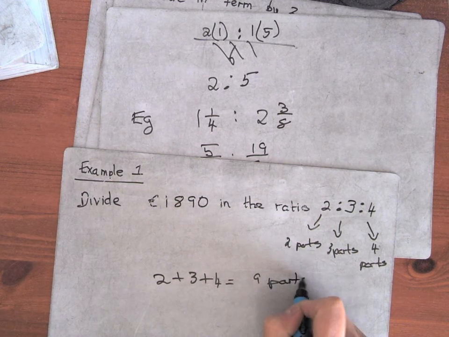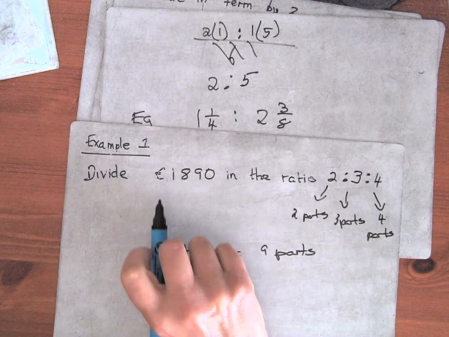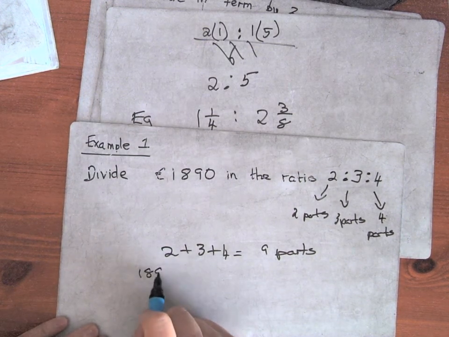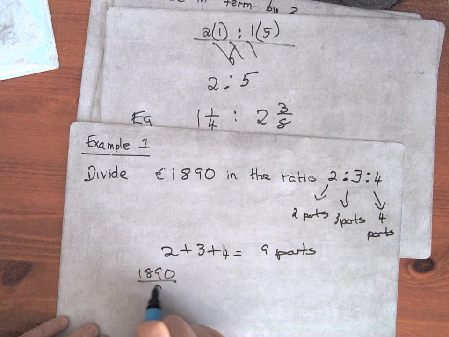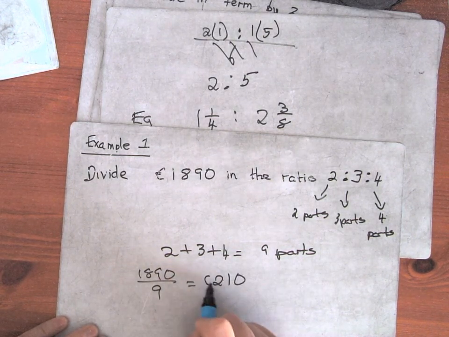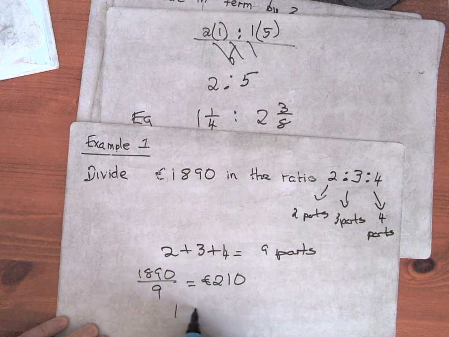So you want to get what 1 part is. So you want to divide 1,890 into 9 parts. Right, so that's 210 euros. So that means 1 part is equal to 210 euros.